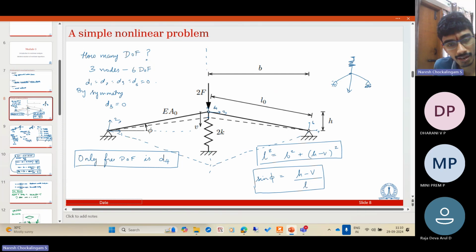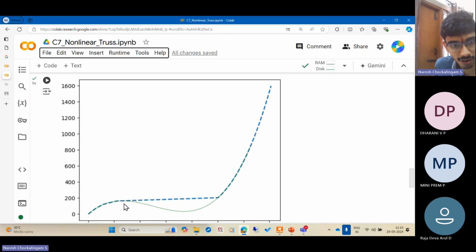But if you just apply a constant force, if you start pushing with your finger on top without holding it, and you slowly increase the force, once you reach this point and further increase the force, the displacement will just jump. The structure will snap to the other configuration, and from there you have to increase the force further.